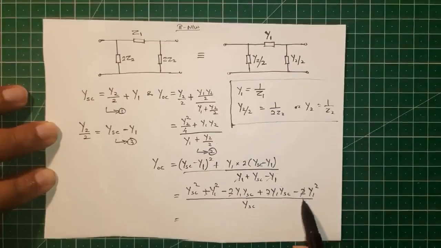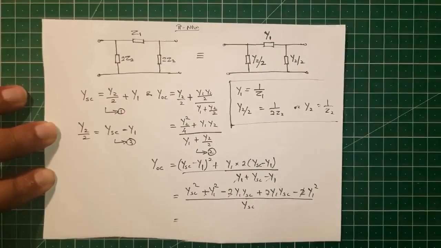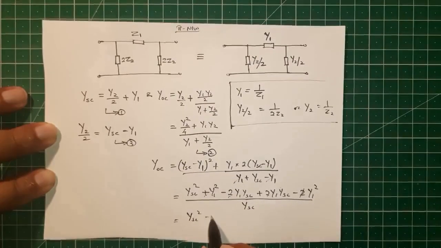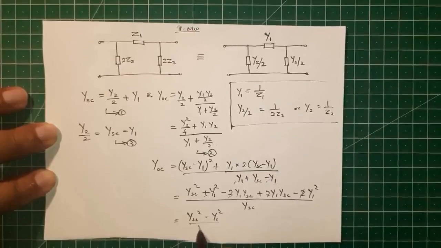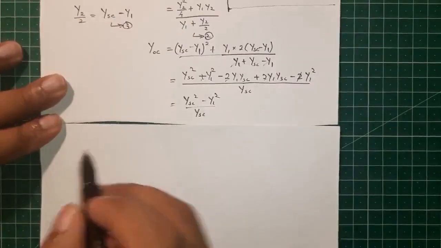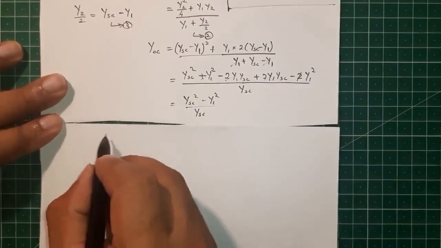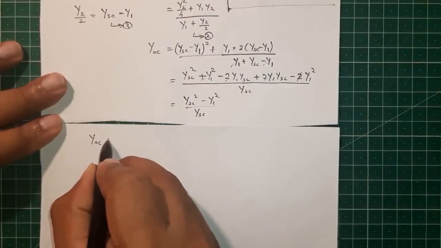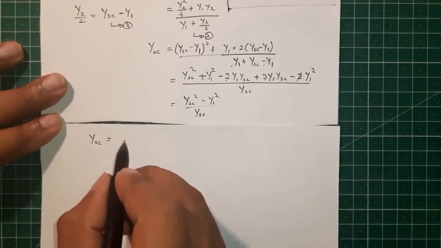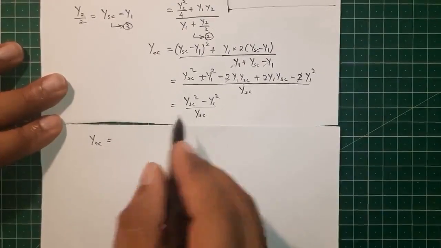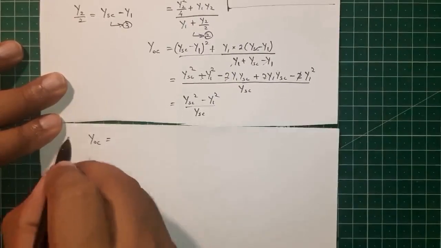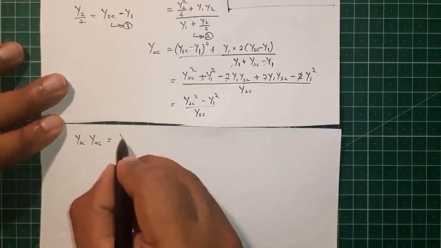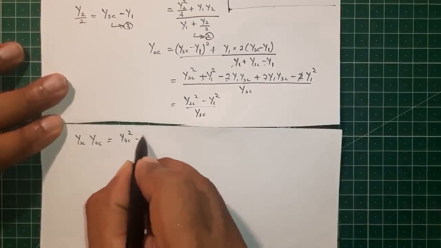This Y1 square and this 2 will get cancelled. So the numerator has YSC square minus Y1 square divided by YSC. So what is YOC, the open circuit admittance? We can cross multiply this YSC also, so that we have YSC into YOC is equal to YSC square minus Y1 square.